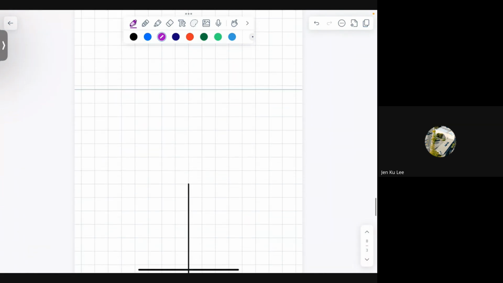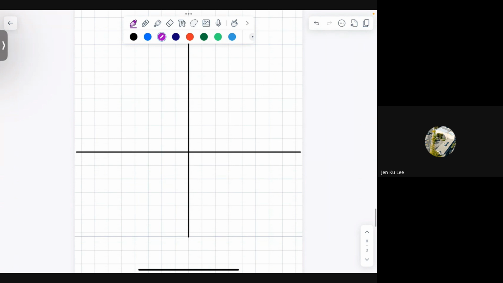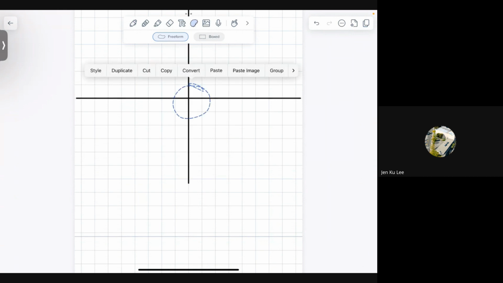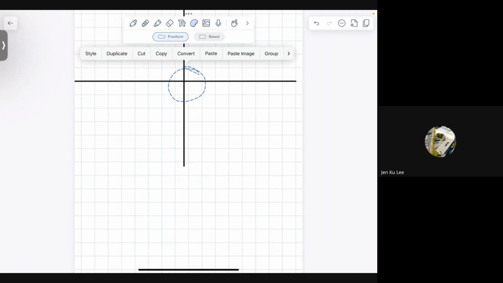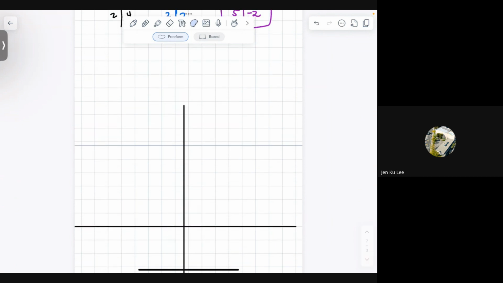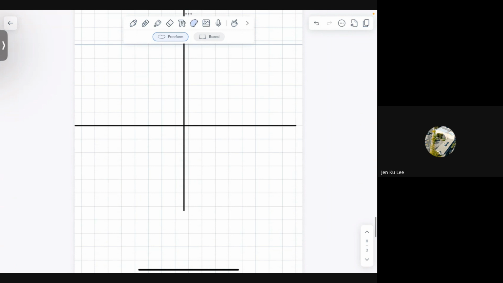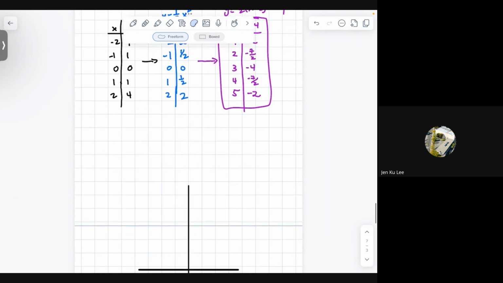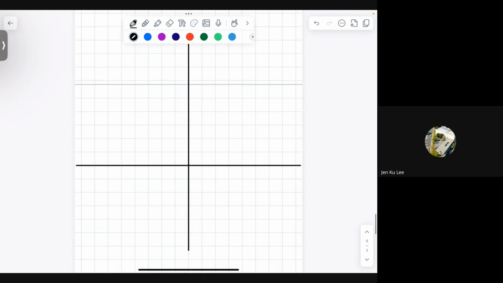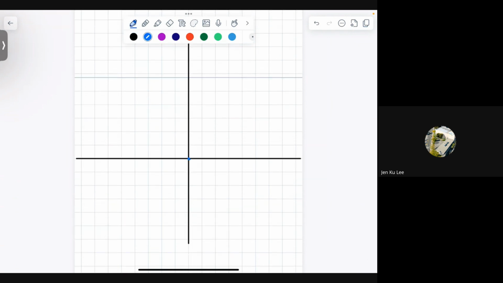All right. So I have my graph paper right here, all the way down to the bottom. I'm going to move it up a little bit. There is my function here, right? So first step would be to graph your parent function. And with your parent function, the more you do it, you know the point already, right?